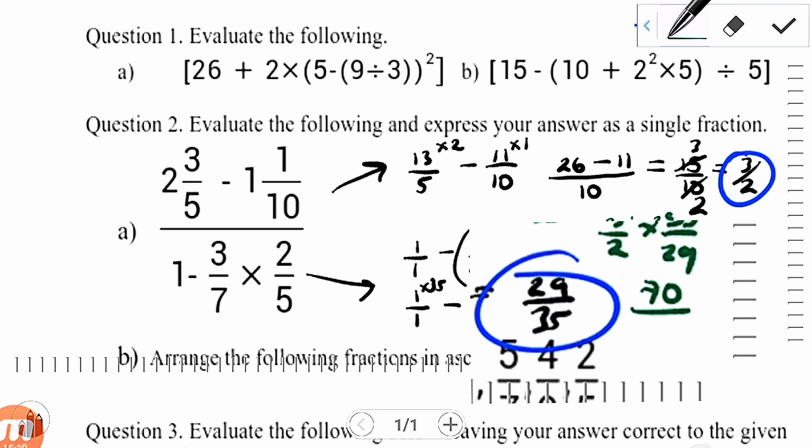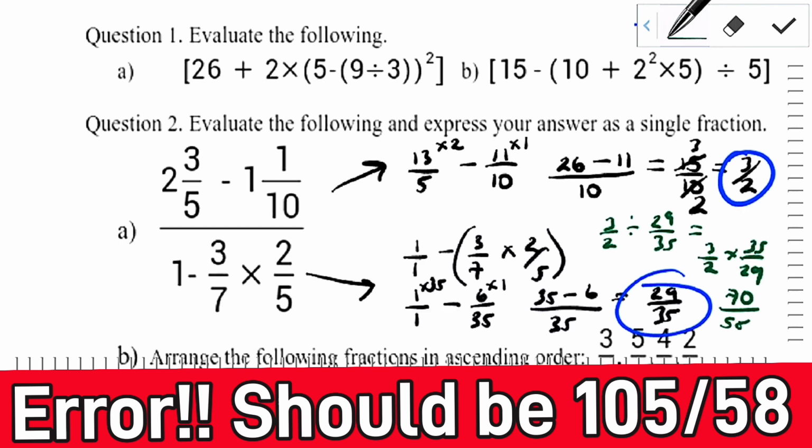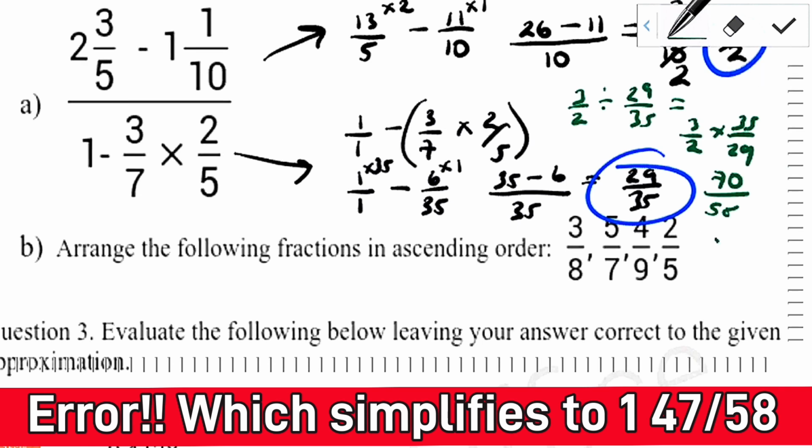So we end up with 70 divided by 58. If we check the math on that, you will realize that we end up with a final answer of 1 and 12 over 58.